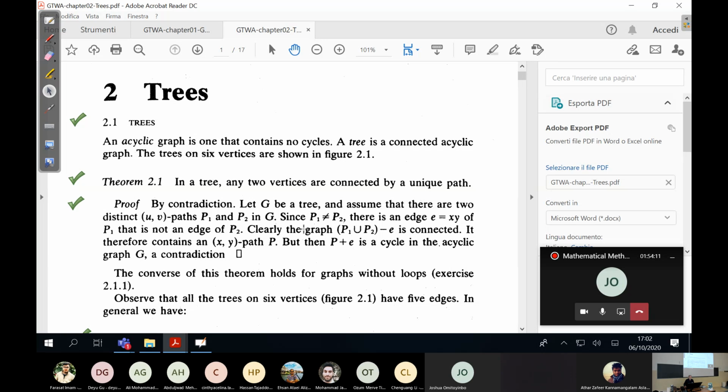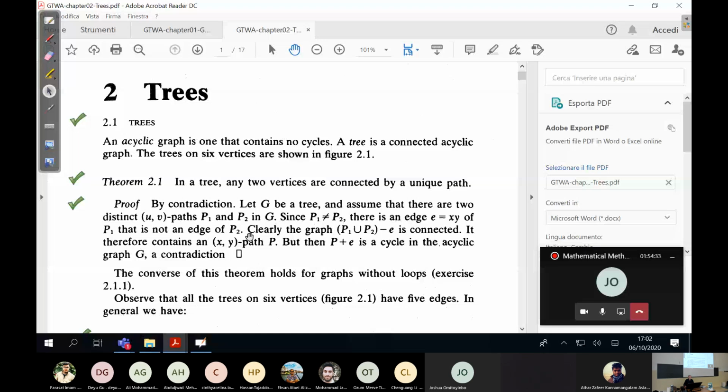That they differ by at least one edge. They might have some common edges and vertices, but at least one edge is different between P1 and P2, okay? So there is an edge, call it E, between vertices X and Y, which is an edge in P1, but does not belong to P2.